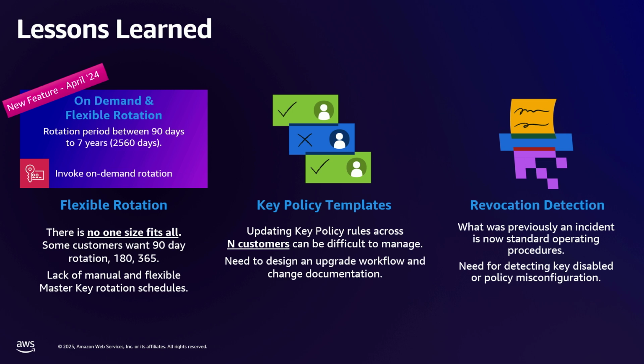So the other area that's interesting is revocation detection, right? So when a customer revokes keys, the intent can be a number of things. So the customer might want to react to an incident, or the customer might want to simply test, is their revocation working? Or the customer might be going through several internal activities to test revocation or maybe move to a next key model, right? So there are several different permutations.